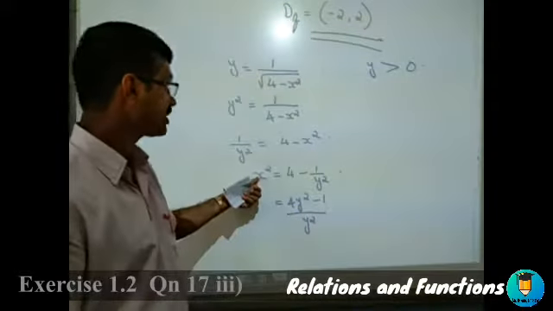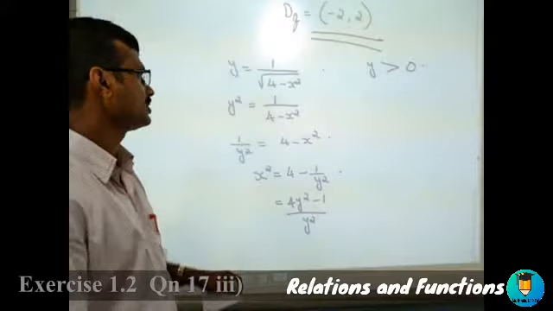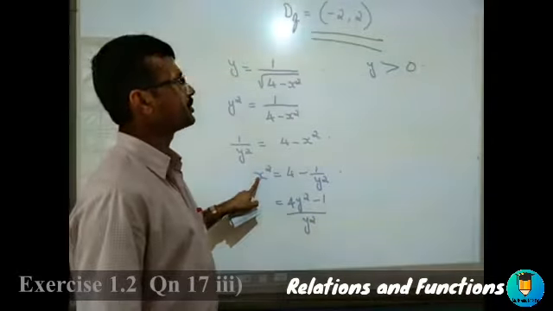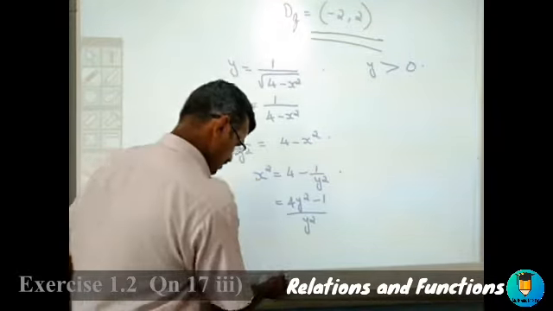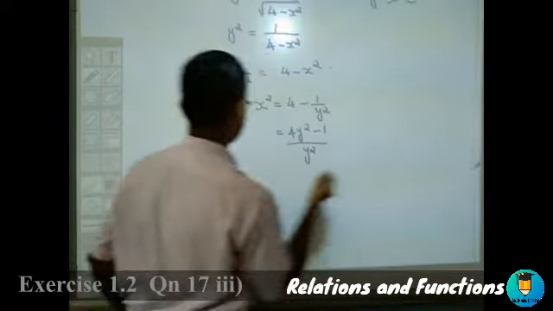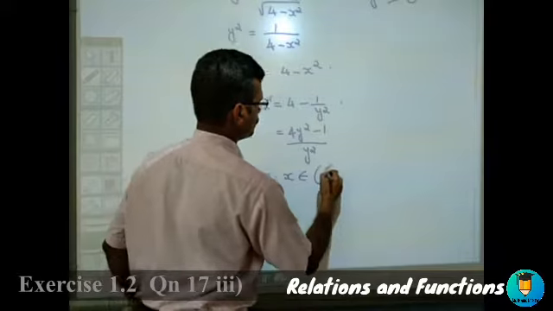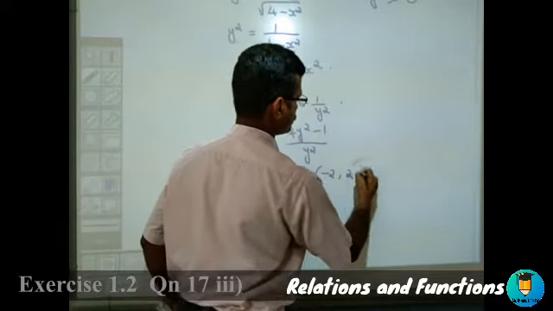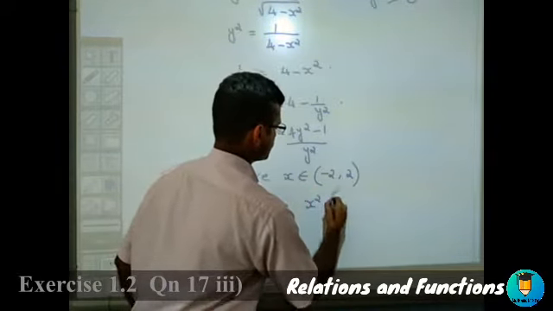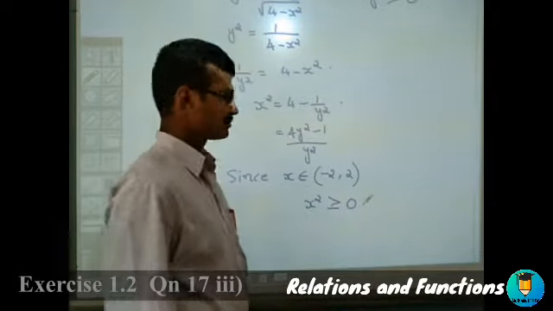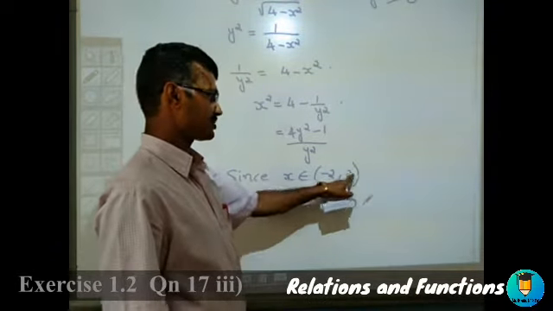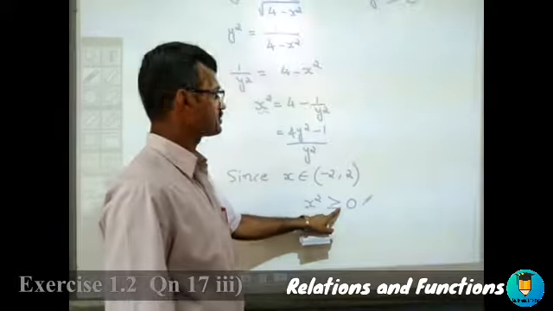Since x belongs to minus 2 to plus 2, x square is greater than or equal to 0.